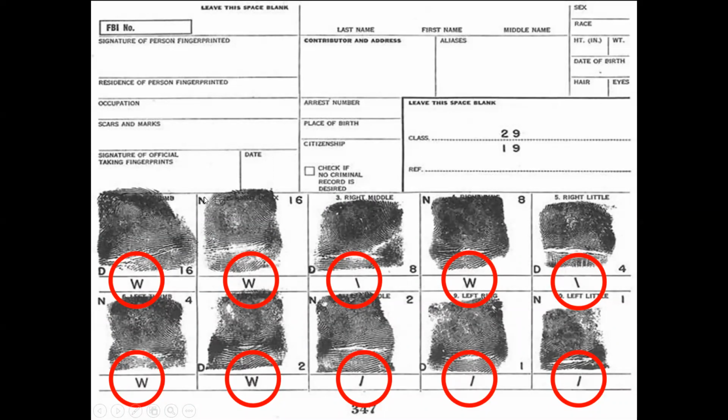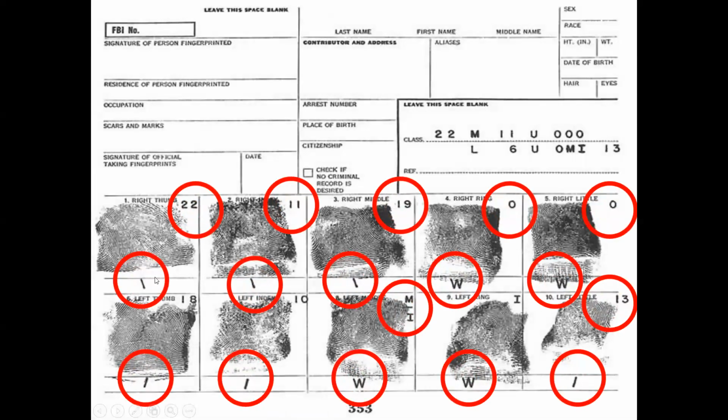And then above these symbols, above the blocking, meron ding naka-indicate diyan sa taas, which is basically intended to indicate the ridge count in cases of loops and the ridge tracings in cases of whirls.